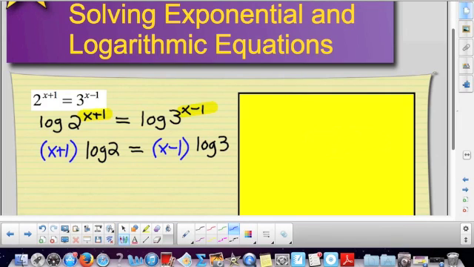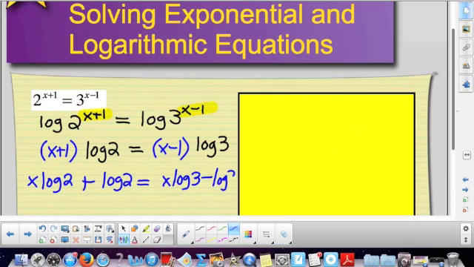So I have x times log 2 plus log 2 times 1 is going to equal x log 3 minus log 3. Distributive property. Now I can shuffle things around in order to isolate all my x terms on one side.